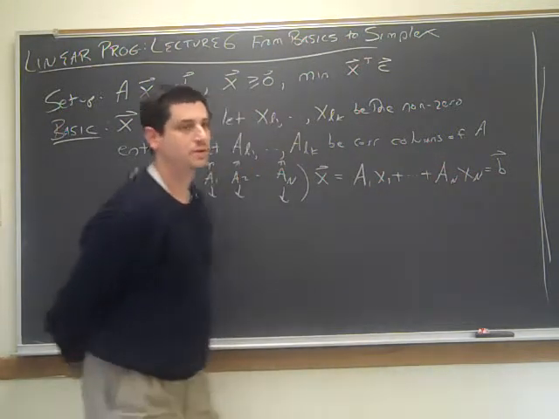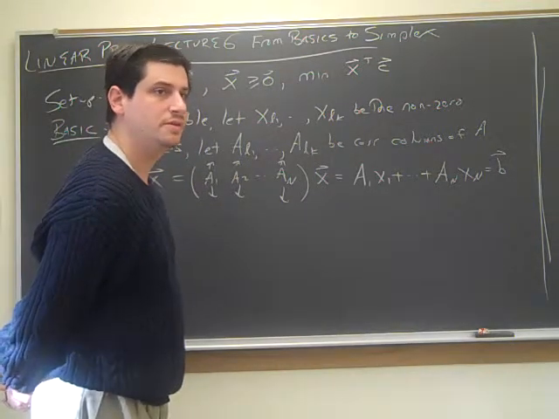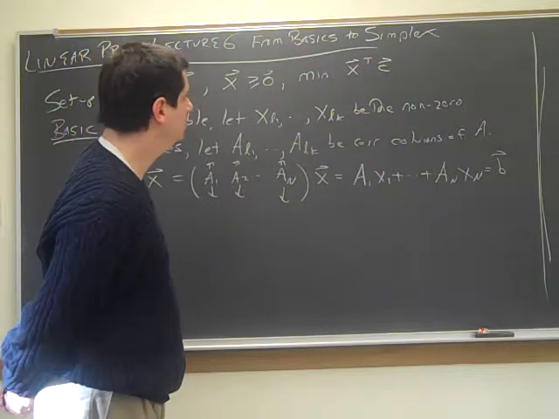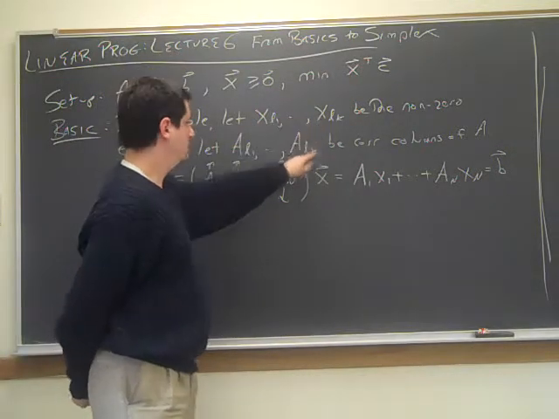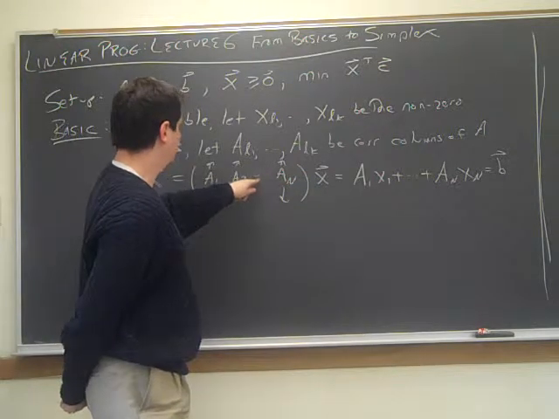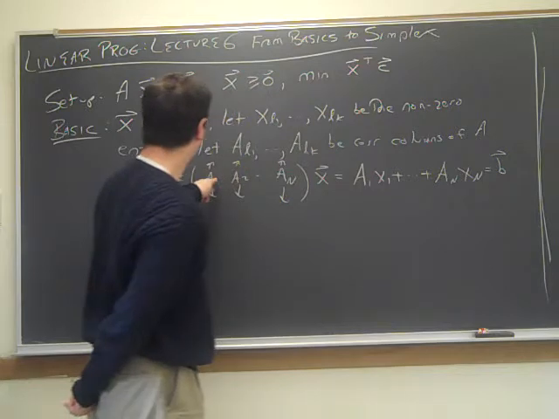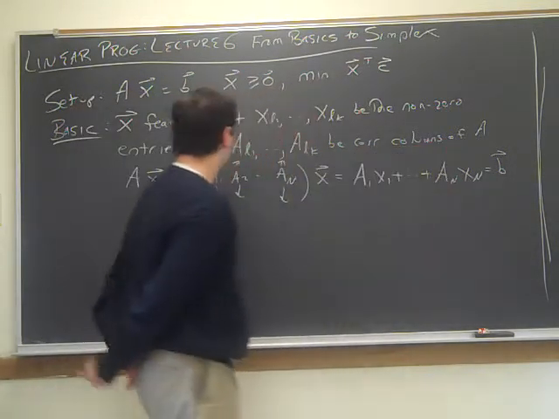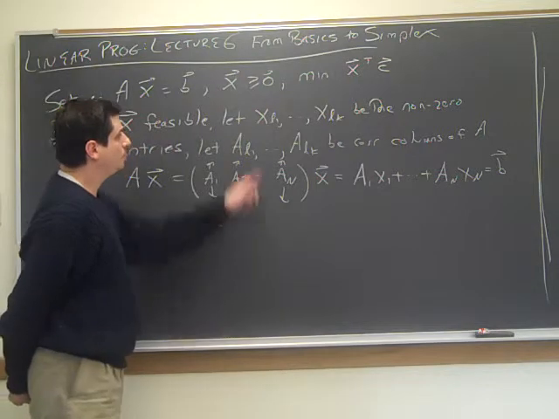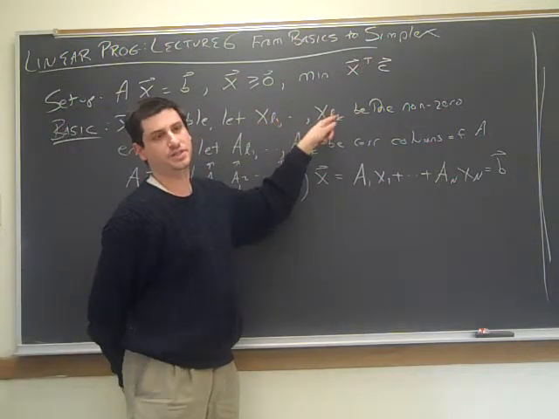Yes? Which columns of A? Be the corresponding columns of A. So, some of the entries of X are going to be 0, some of the entries are not going to be 0.